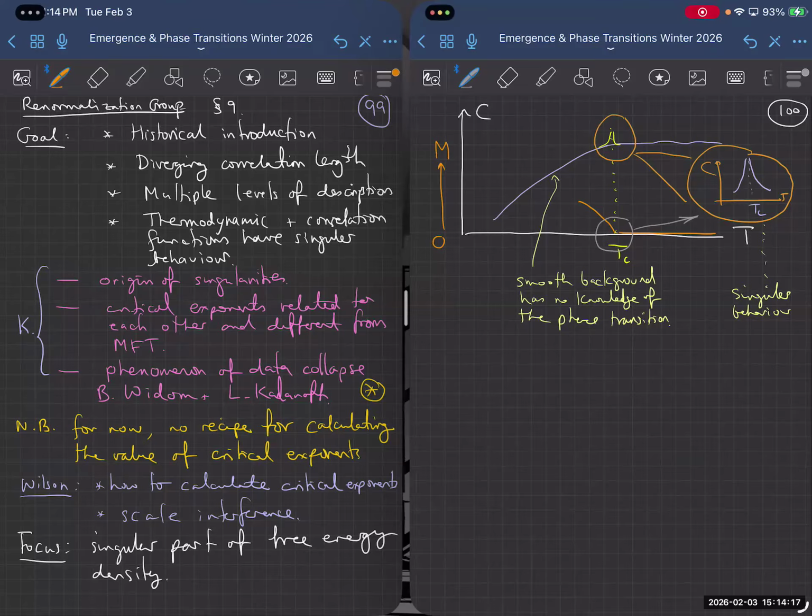So the order parameter, the magnetization, is vanishingly small as the temperature tends to TC from below. And so that means that it makes a very small contribution to the heat capacity.